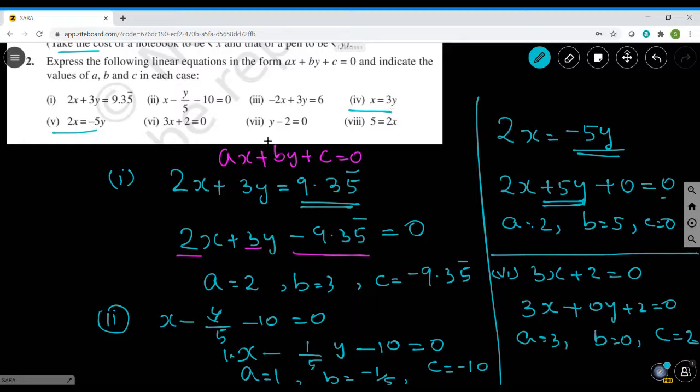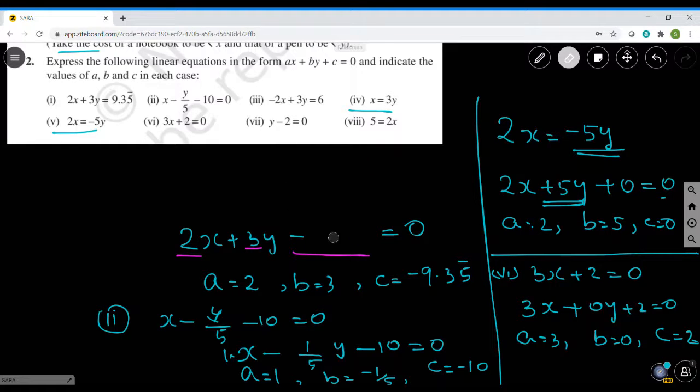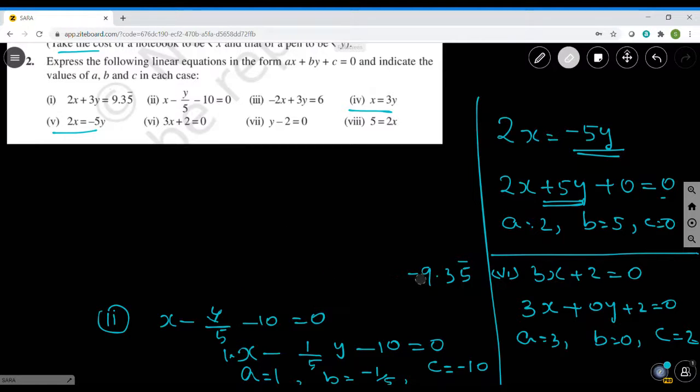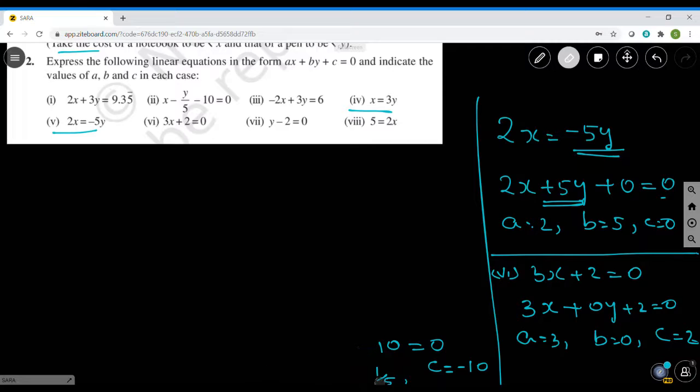Then the seventh problem: y minus 2. There is no x variable, right? If there is no one variable, it is very easy to add it with 0 times that variable. So we have y minus 2 equal to 0.